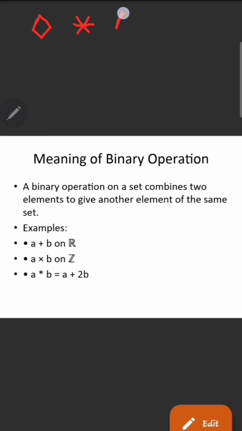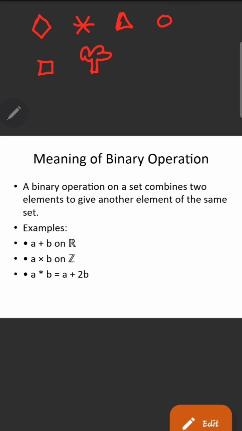Something like this, this is supposed to be a triangle, but in binary operation, you won't call it a triangle. It has another meaning. It is an operation. An operation can also be of this form. An operation, just name it. It can be any form.